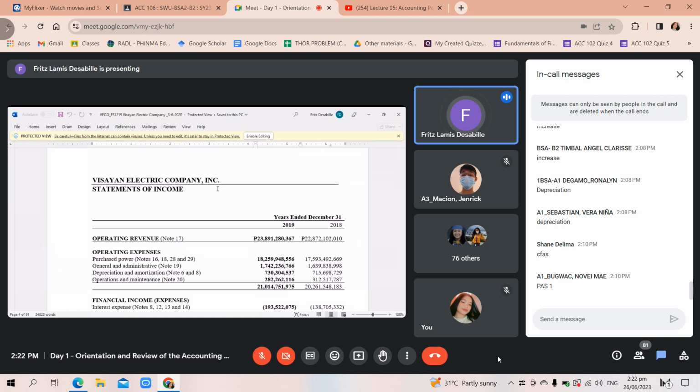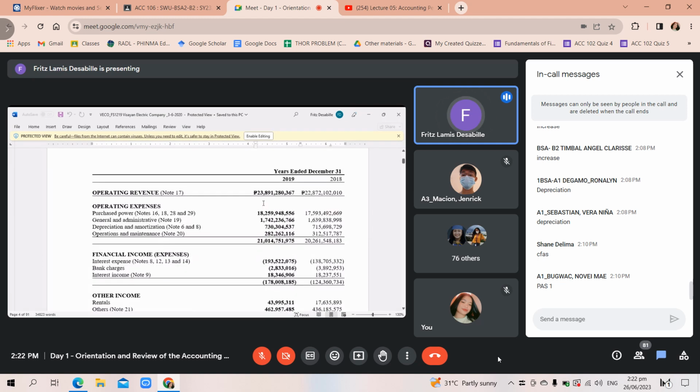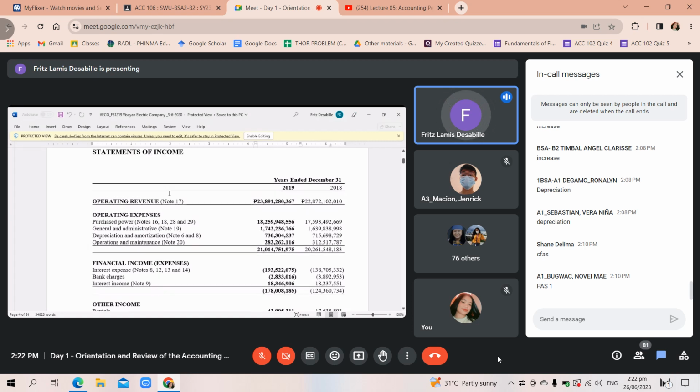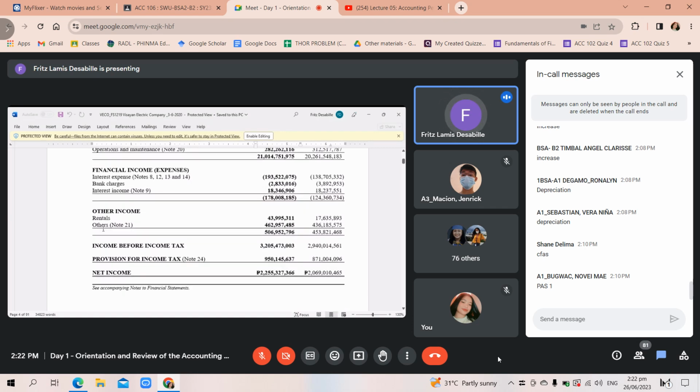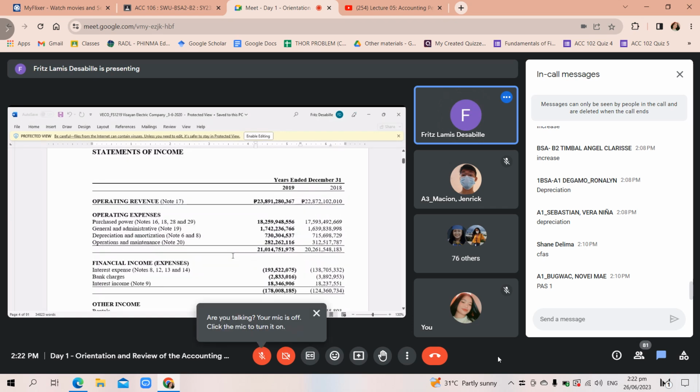Now, for the income statement, we have revenue and we have expenses: revenue, operating expenses, other income, and so on. Now, these amounts, guys.